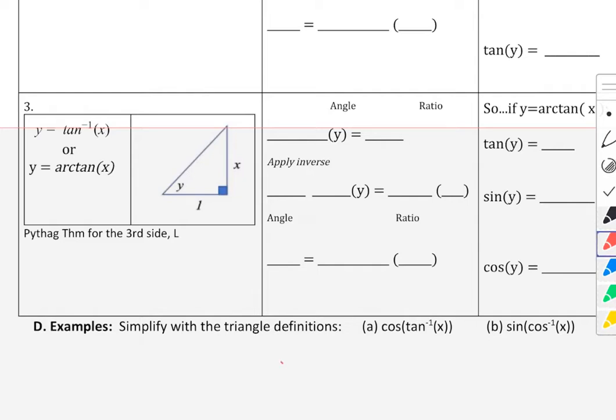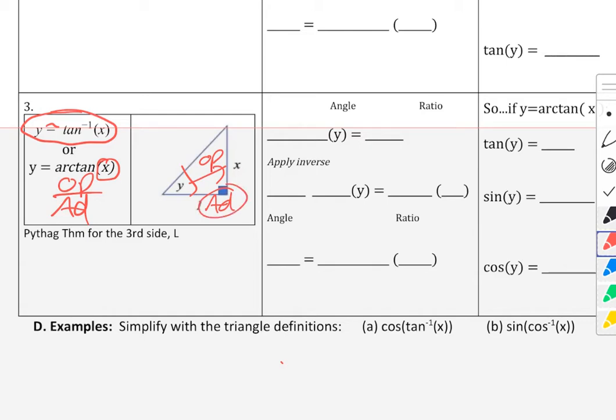So for tan, it says that our tan inverse is x. So y equals tan inverse of x. Well, what's tan? Tan is opposite over adjacent. So if tan is worth x, then x is opposite divided by 1 adjacent.